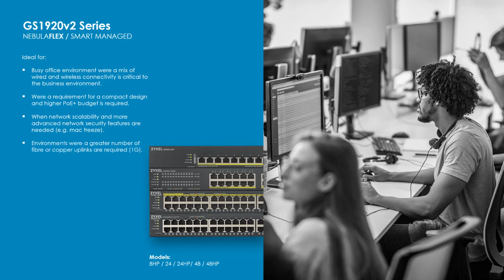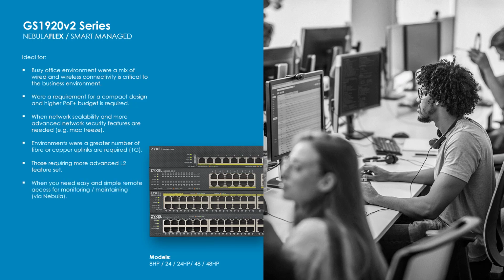Also ideal for environments where a greater number of fiber or copper uplinks are required. Obviously, comparing against our 1900 series, the GS1920v2 series has more capacity in terms of fiber uplinks. It's also ideal for those that require a more advanced Layer 2 feature set. There's a variety of Layer 2 features available for you to use and a much more comprehensive set than the 1900 would give you.